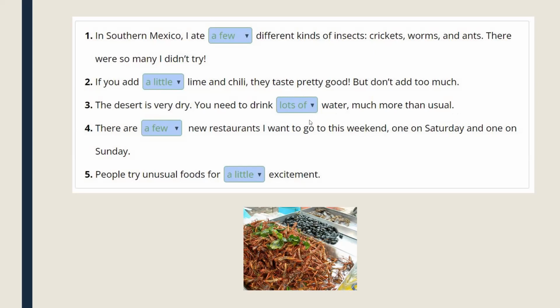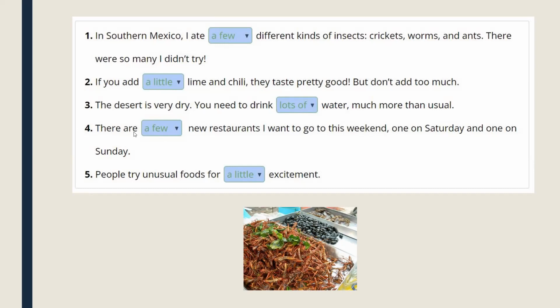And I want to talk about big amount. So big amount, affirmative. I can't use many or much in this case, much water. Much I can't use for affirmative. I have to use a lot of or lots of, okay? All right, so this is small amount, this is big amount. So you need to drink lots of water.